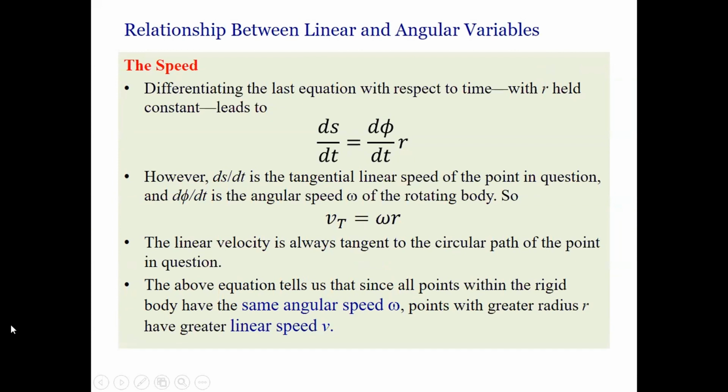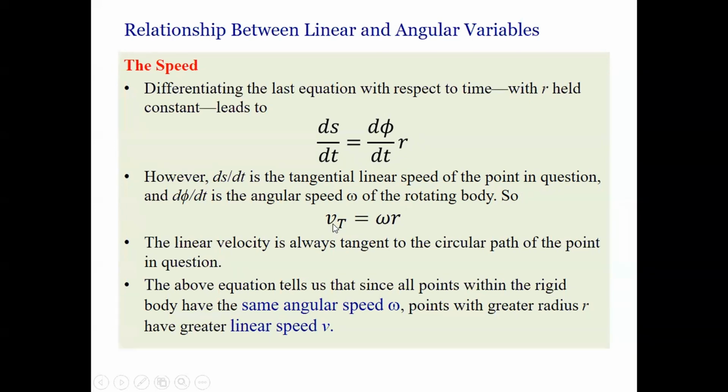For the speed, we differentiate the last equation with respect to time, and r, the radius, is kept constant. Then it leads to ds over dt equal to d theta over dt, the rate of change of angular displacement, multiplied by r. The d theta over dt is basically the angular speed of the rotating body, and ds over dt is the tangential linear speed of the point in question.